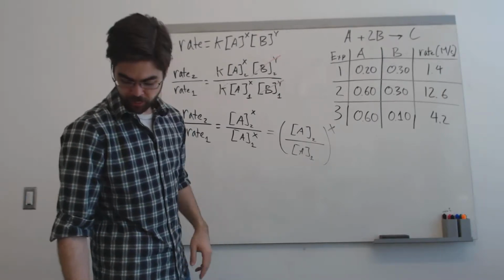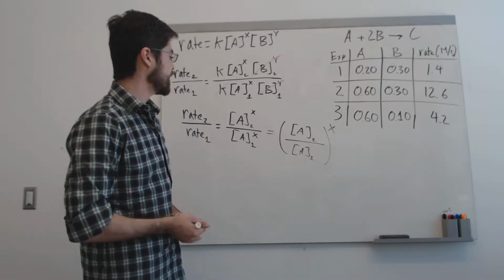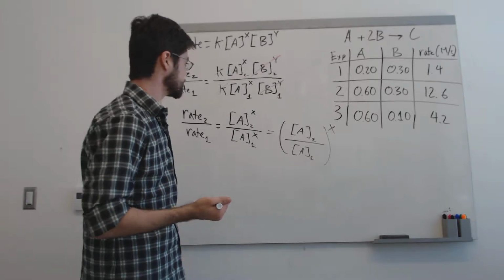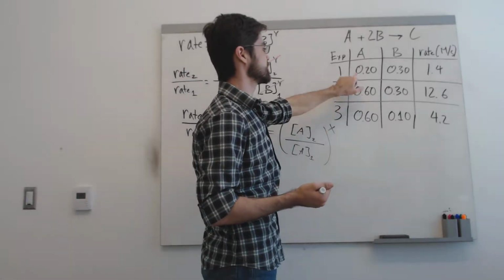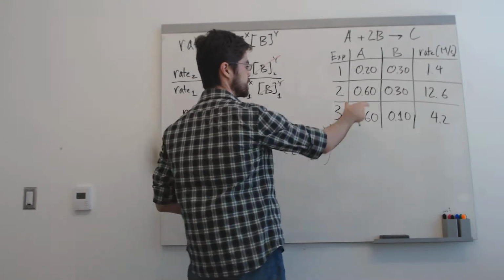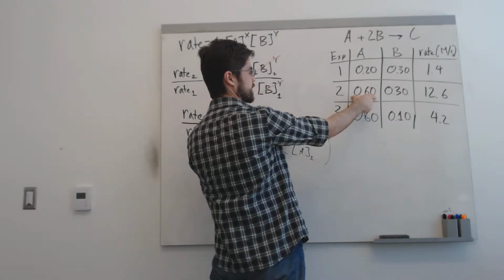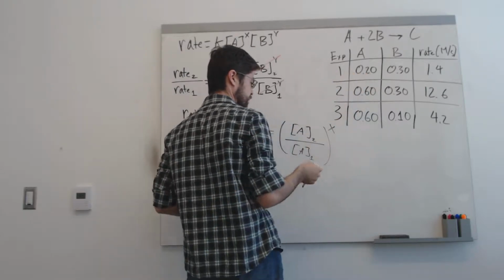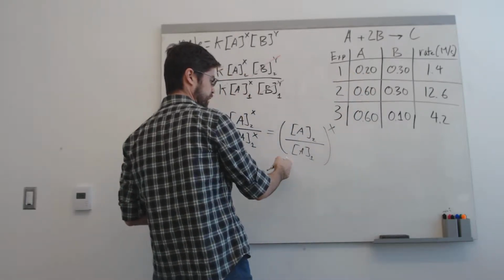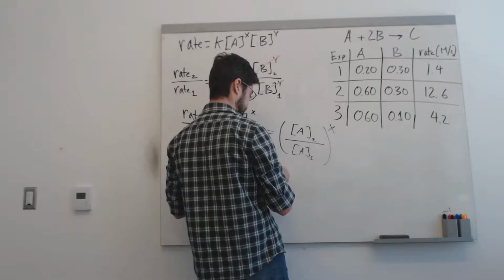That's where we're at right now, and then I can look at my data. The concentration of A in the second experiment is 3 times the concentration of A in the first experiment.